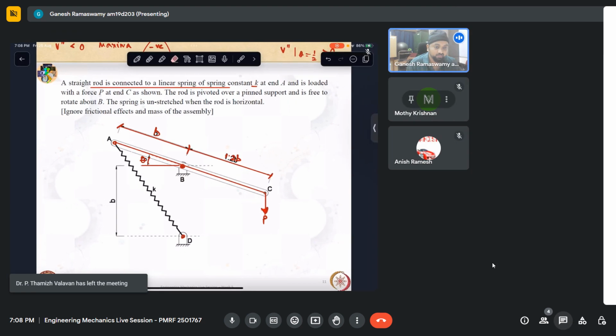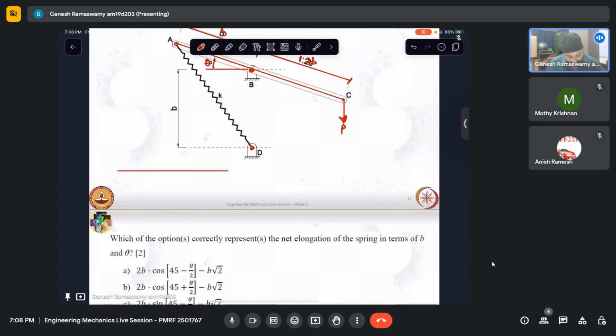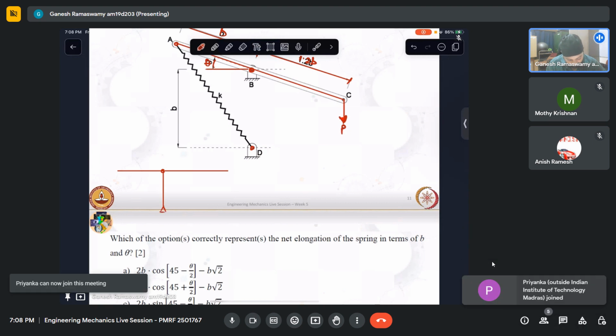The rod is pivoted over the pin support and is free to rotate about B. The spring is unstretched when the bar is horizontal. What does that mean? That when the bar was like that, and then here we have the pin, in this configuration my spring was unstretched.